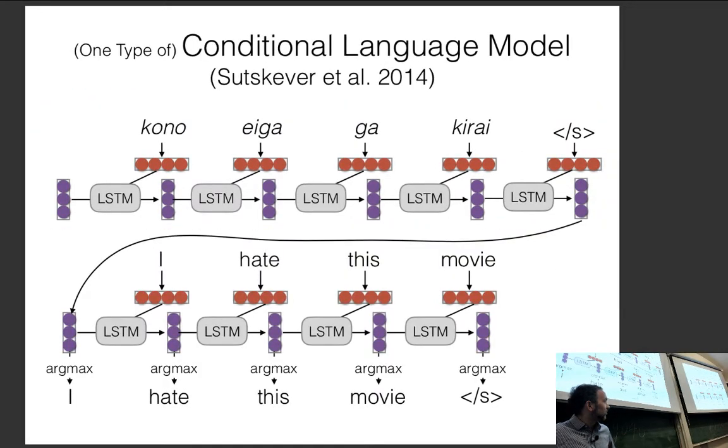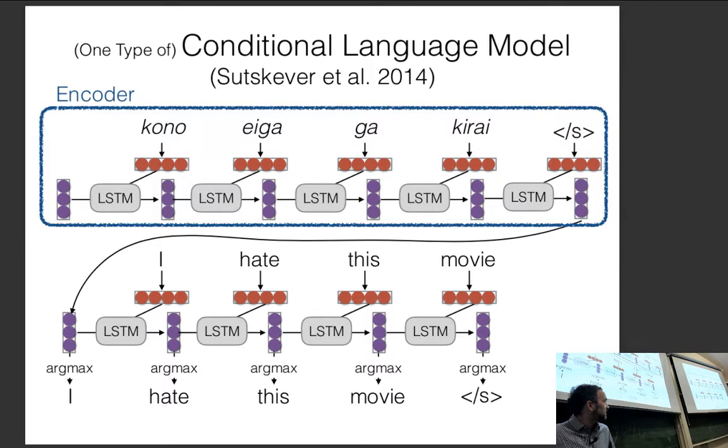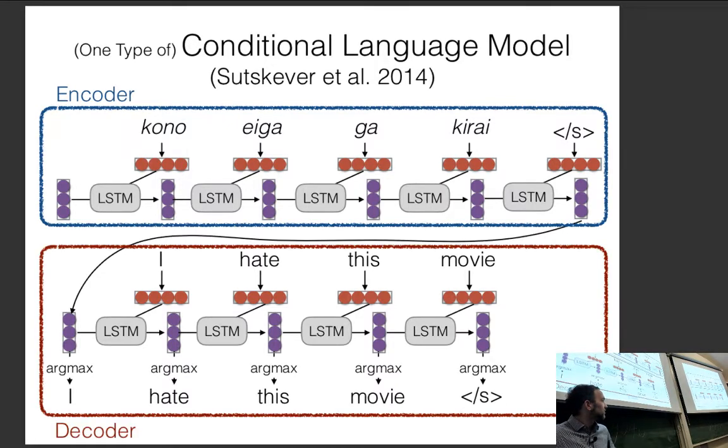You can think of another type of conditioned language model, where you have an encoder that encodes whatever context you want, and a decoder, where the decoder generates the output one at a time. This is an extremely simple concept that nonetheless can be quite useful for particular varieties of things.